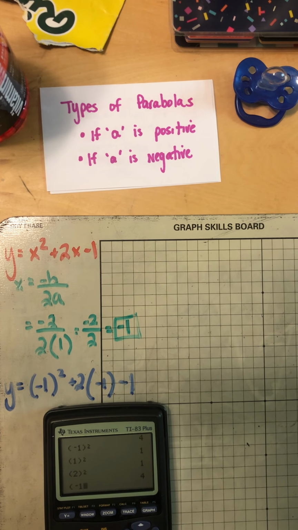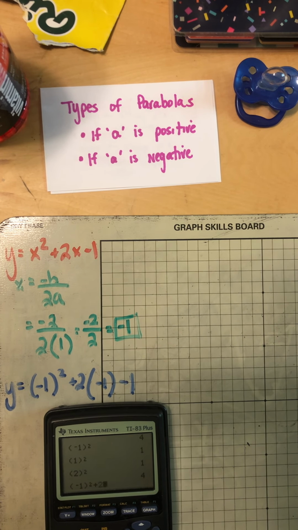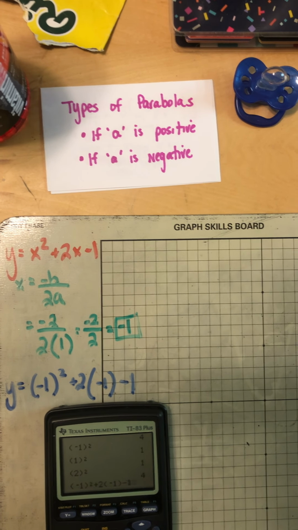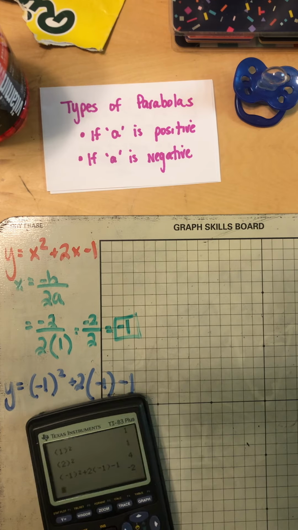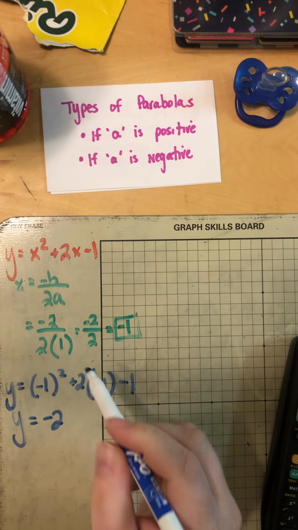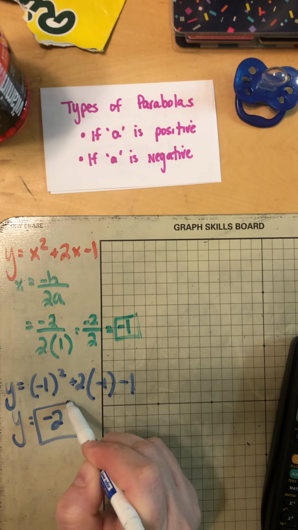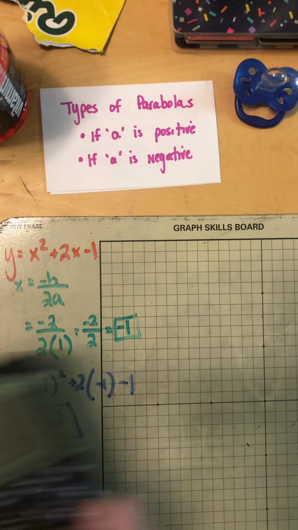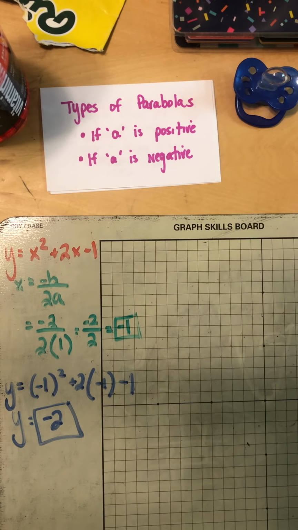Parentheses, -1, close it, squared, plus 2, parentheses, -1, close it, minus 1. Gives you -2. So y equals -2. So now you have -1, -2. So there's your coordinate, which is your axis of symmetry and your vertex.